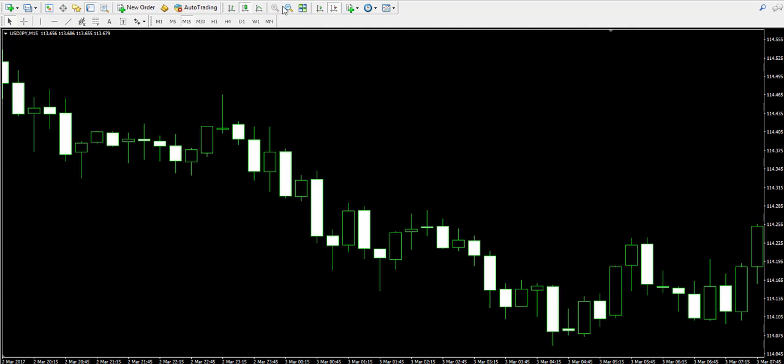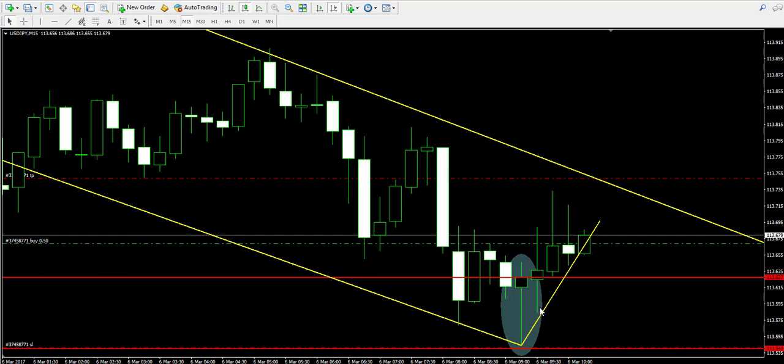Going back on the 15-minute chart, zooming in, following the situation over there.